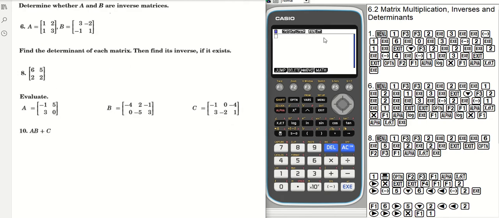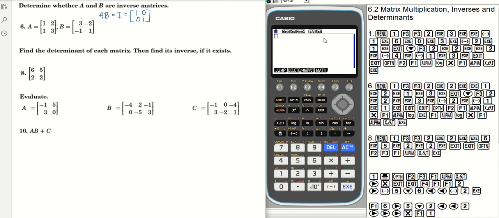Next topic is how to determine whether matrix A and matrix B are inverse matrices. You can identify if matrix A and matrix B are inverse matrices if matrix A multiply matrix B is equal to I, wherein I is equal to 1, 0, 0, 1.